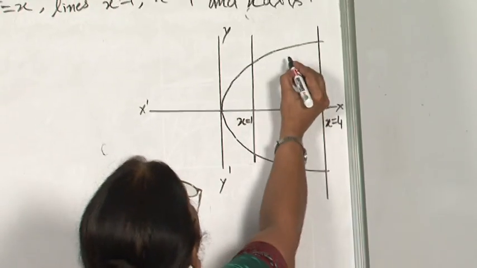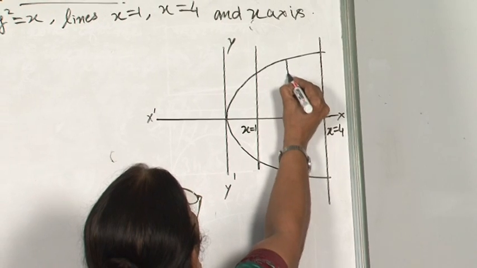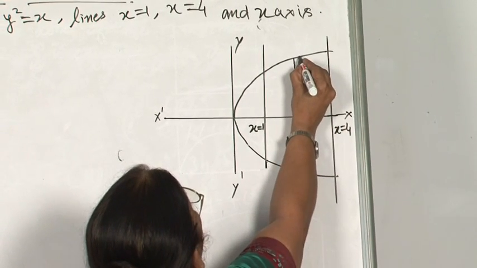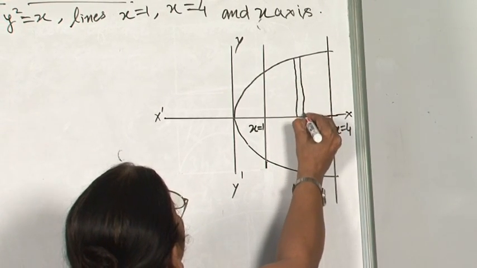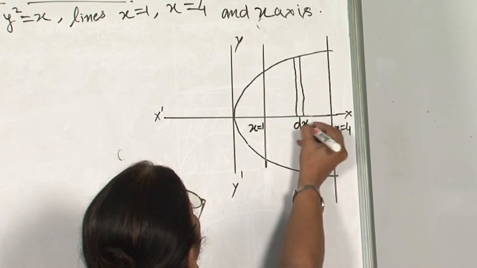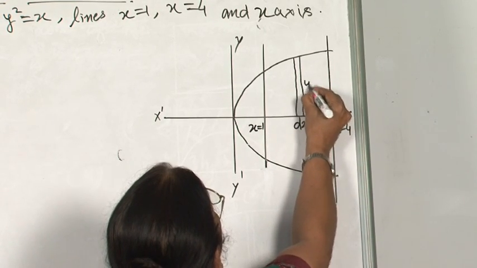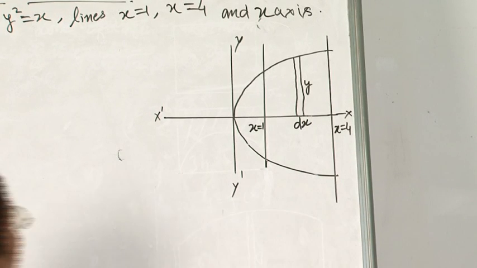Now, for finding the area of the region, let us consider a strip which is parallel to y axis and width of this strip is dx and length is y. Now, what is the area of this region?